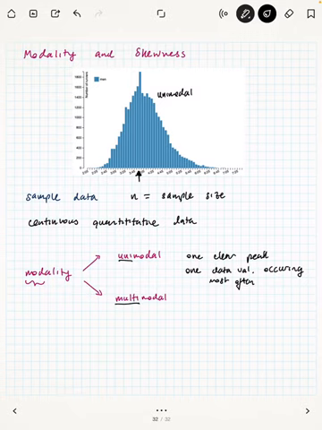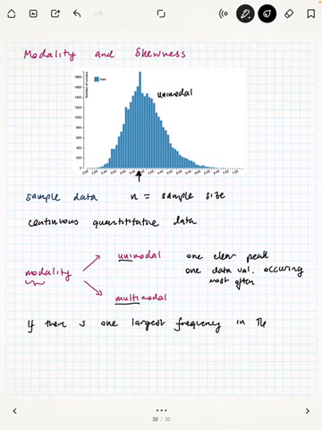So specifically, if there is one largest frequency in the frequency distribution, then we say the distribution is unimodal.